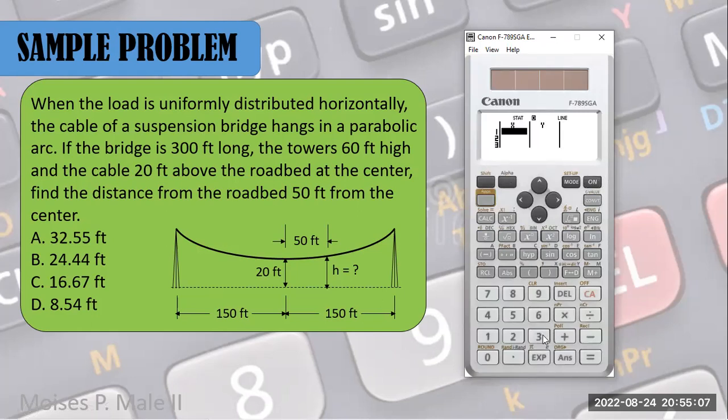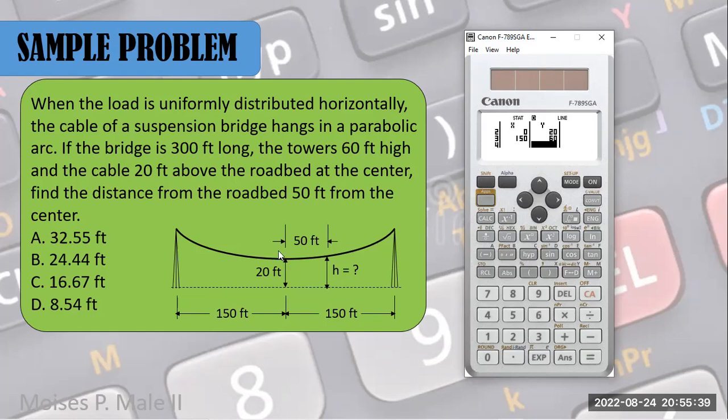Here we go to quadratic. Okay. So, when x equals negative 150, negative 150, this one at the center, 0. Okay. Here at the right end is 150. Okay. So, the height at negative 150 is 60. Okay. Here at center is 20. And lastly is 60.